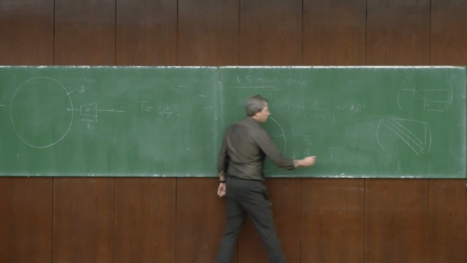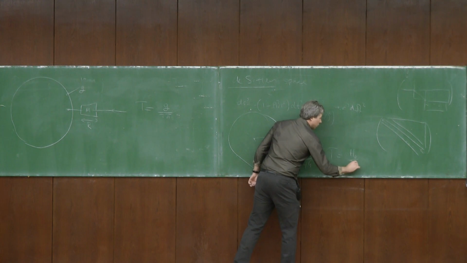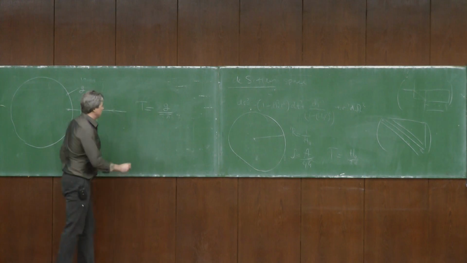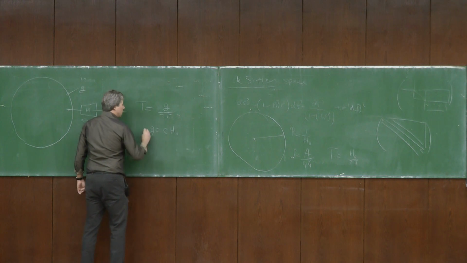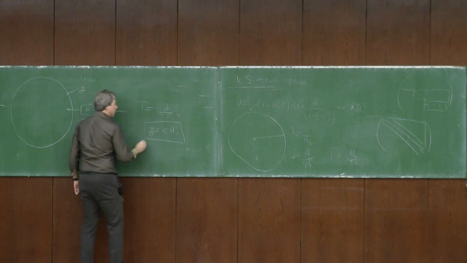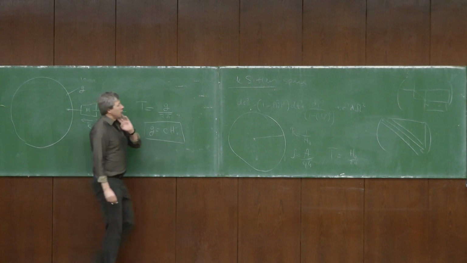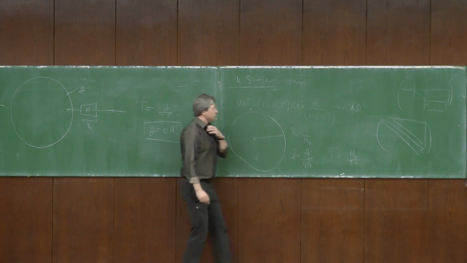And this turns out to be equal to this. The temperature is H0 over 2 pi, and that means this acceleration, if you put in the constants, is c times H0.